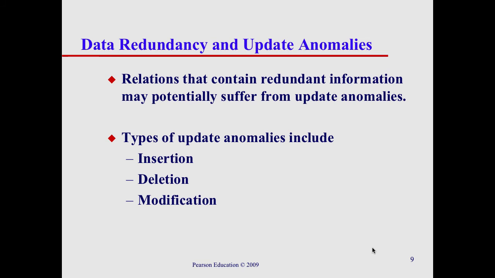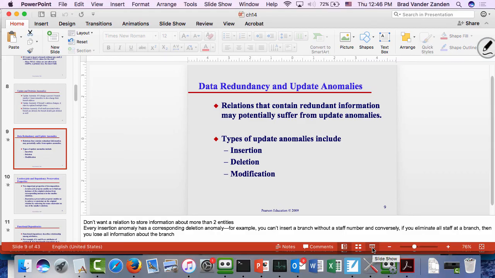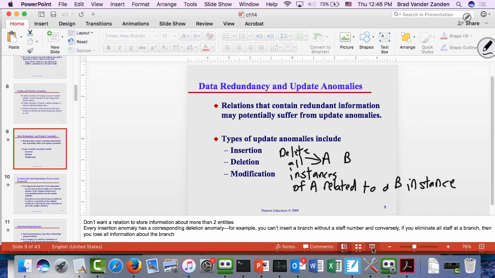So if you have, again, this comes up when a relation is basically representing instances of both entities A and B. And when you delete all instances of A related to some instance of B, you lose all the information related to that instance of B. So that's a delete anomaly, that we lose all the information associated with that B instance if we delete all of its A-related records.